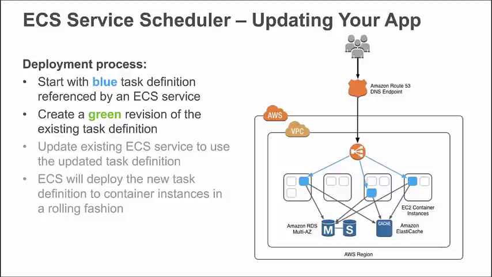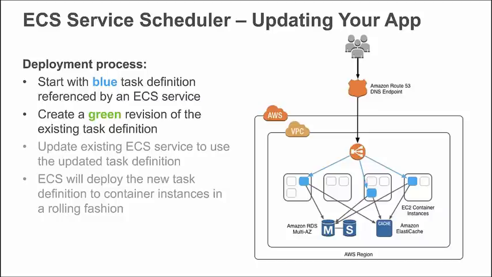You can update a running service to change the number of tasks that are maintained or which task definition is used by the tasks. So if you want to update your application, you will essentially update the task definition and then update the service to use that new task definition.